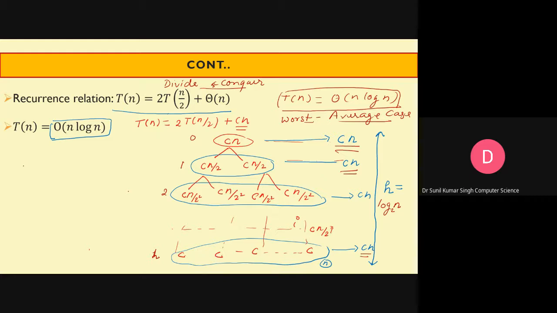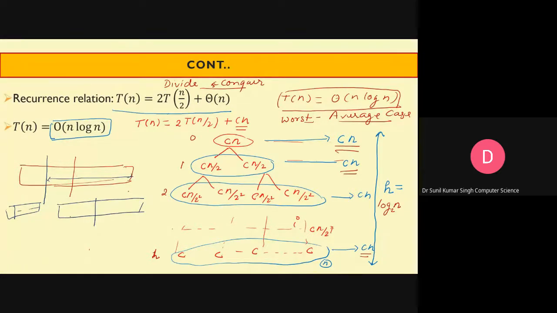But in quick sort, it is not necessary that every time we are going to divide the list into equal halves. The division can be something like, the first part is containing this many elements and the second part is containing this many elements. Now in further division, maybe the first part is containing one element and the other one is containing this many elements, and this part is divided into equal halves.